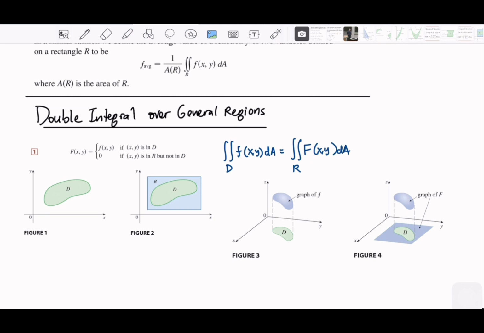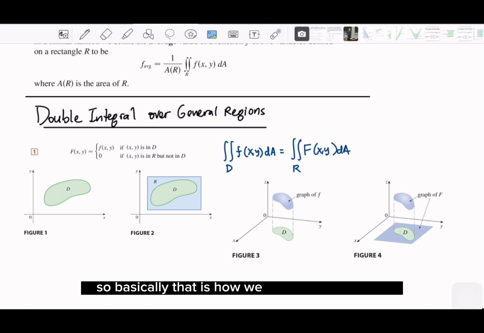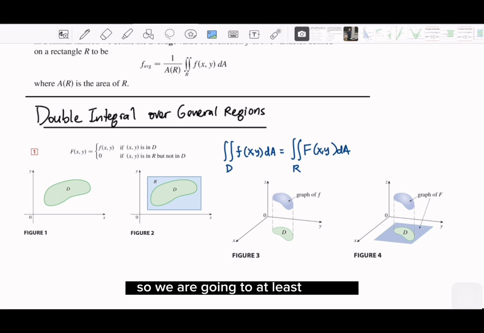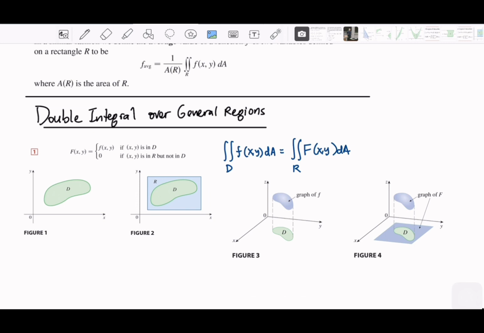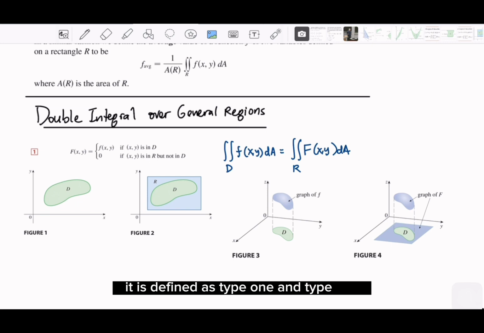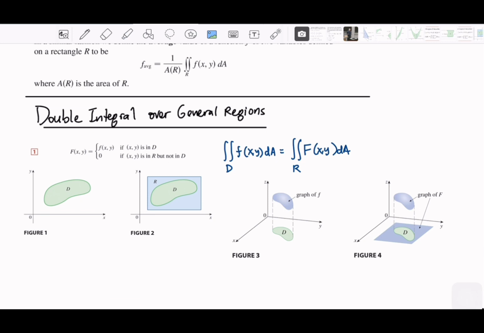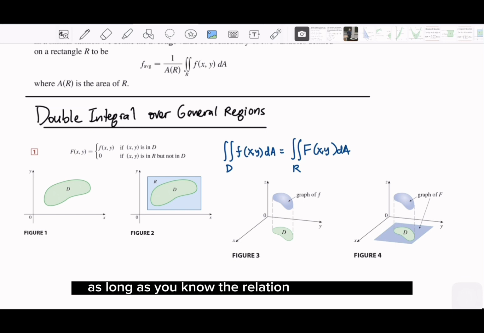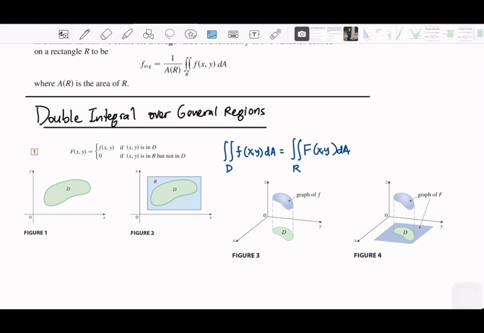So we are going to have either a function of x in terms of y, or a function of y in terms of x. I think in your textbook it is defined as type 1 and type 2. But to simplify our understanding, there is no need to remember which type it is, as long as you know the relation between x and y. Let me explain a little bit.